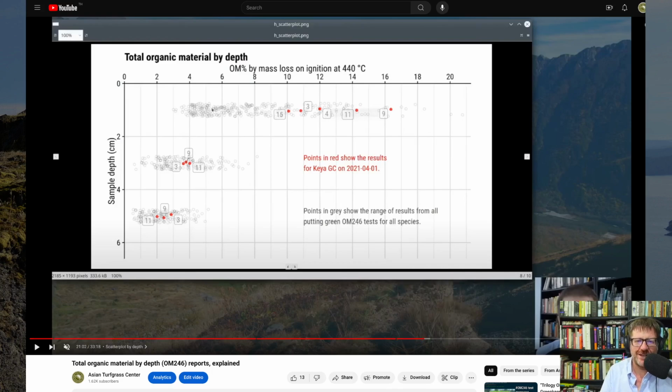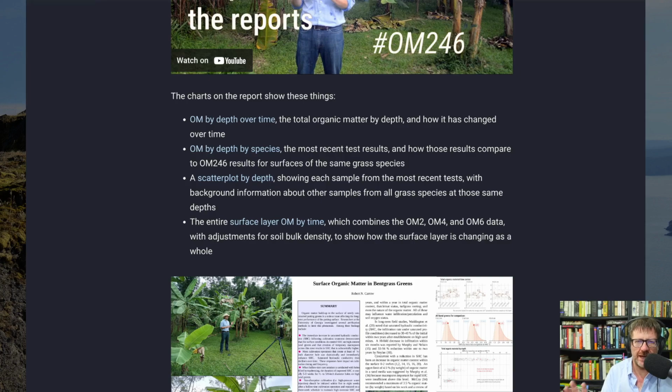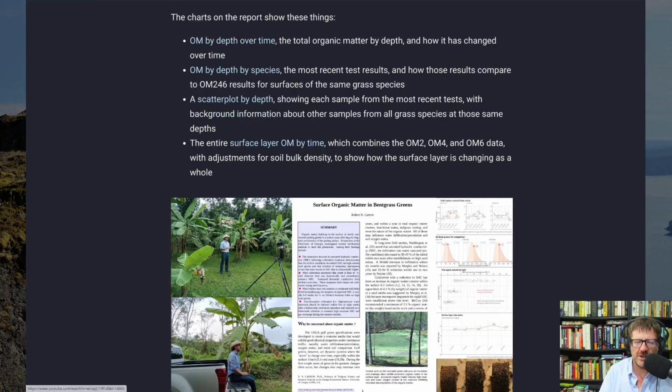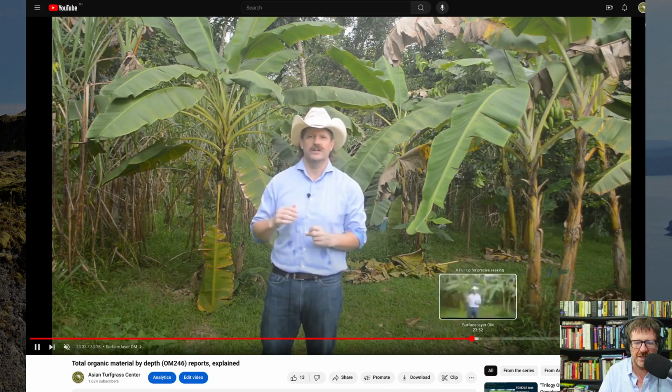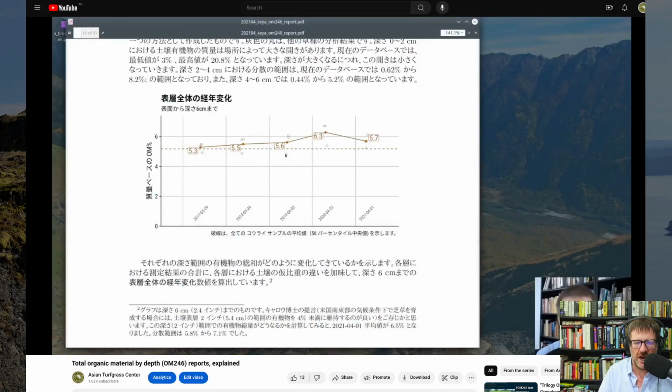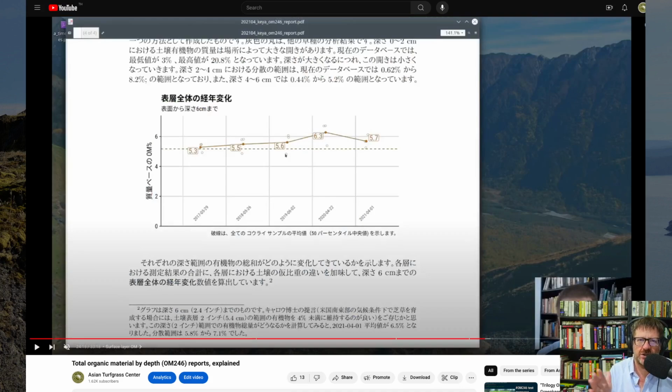And then the final thing that I look at for the OM246 data is the entire surface layer. So it's not breaking it down to only the 0 to 2, 2 to 4, and 4 to 6 levels, but I show this across the entire 0 to 6 centimeter root zone layer.